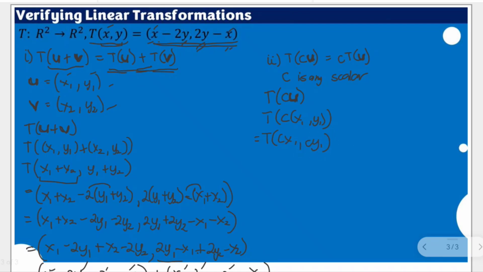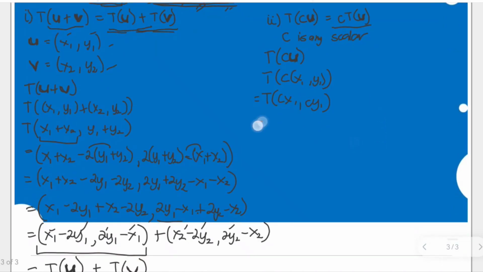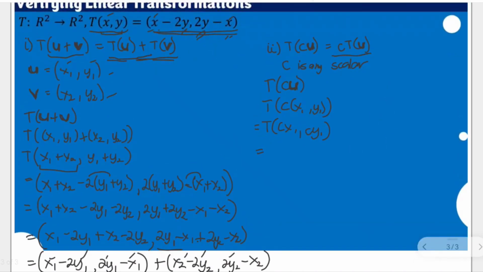We need to come up with the form where C is outside the transformation, and if we could do that, then we have satisfied condition 2. So let's apply the transformation here. Your first entry minus twice your second entry: C x sub 1 minus twice C y sub 1, and then twice C y sub 1 minus your first entry.